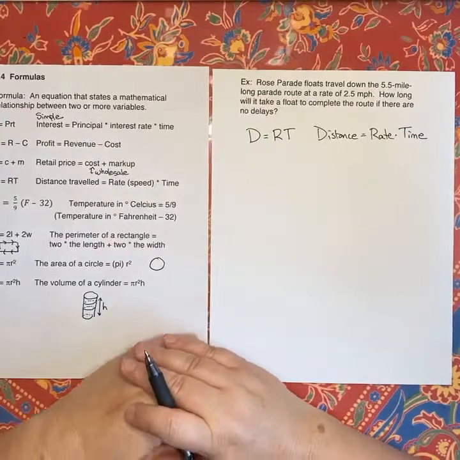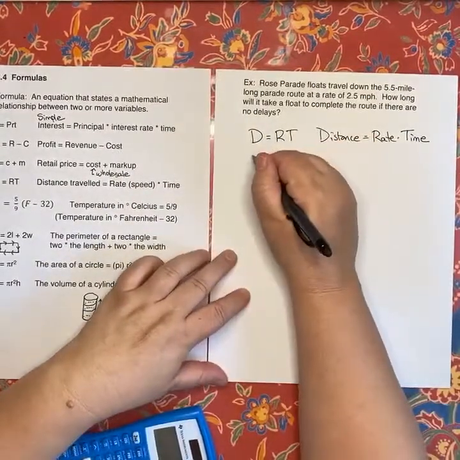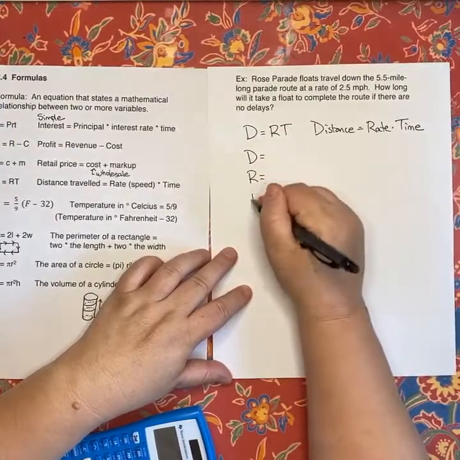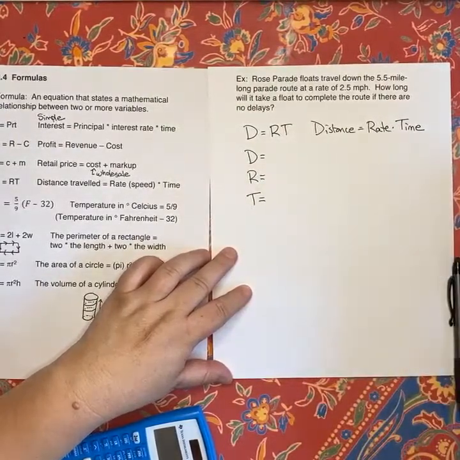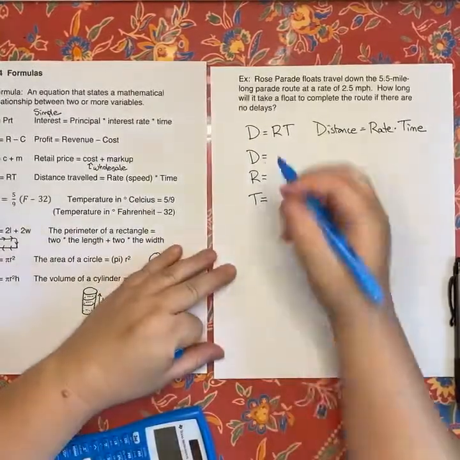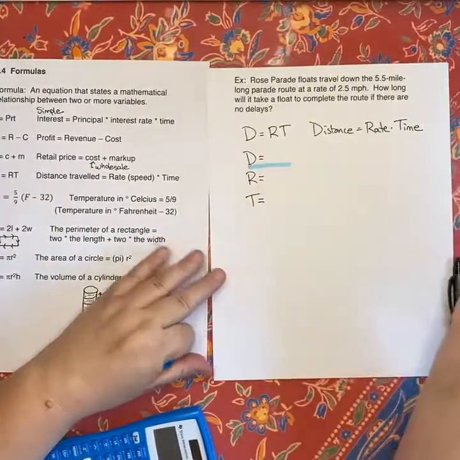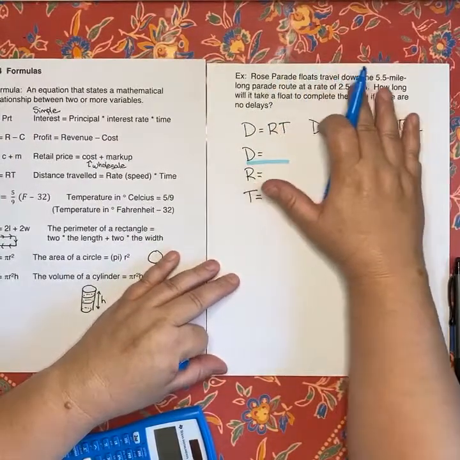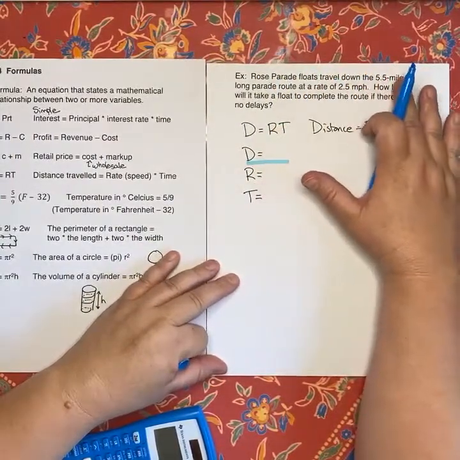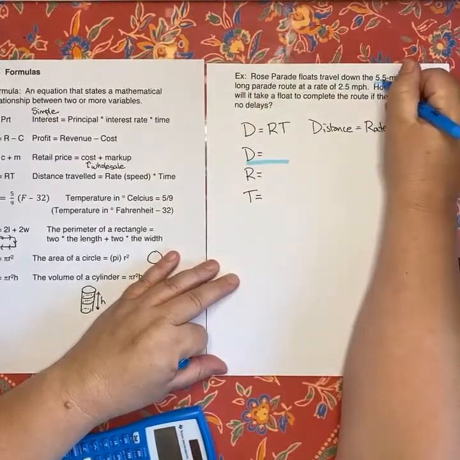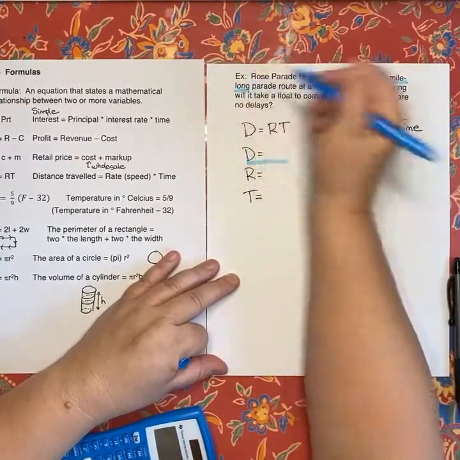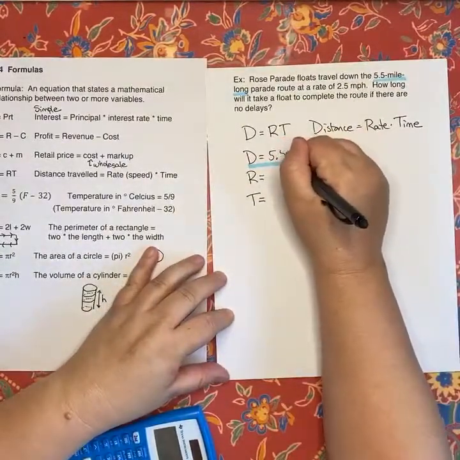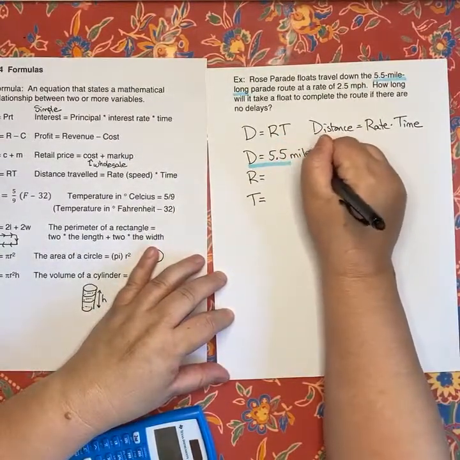Okay, so I'm going to read again, but I'm going to remind myself that I'm looking for distance, rate, and time. I'll grab blue for my distance. Let's see if we can find distance. The Rose Parade floats travel down the 5.5-mile long, look at that, we're right there, so it's 5.5 miles.